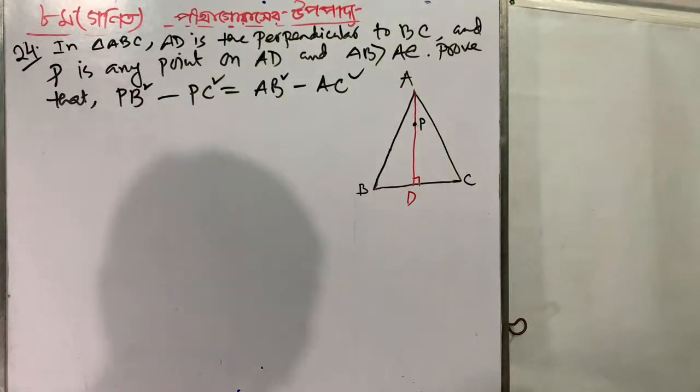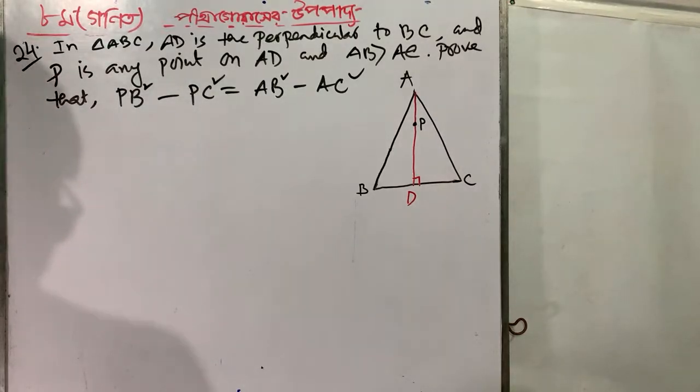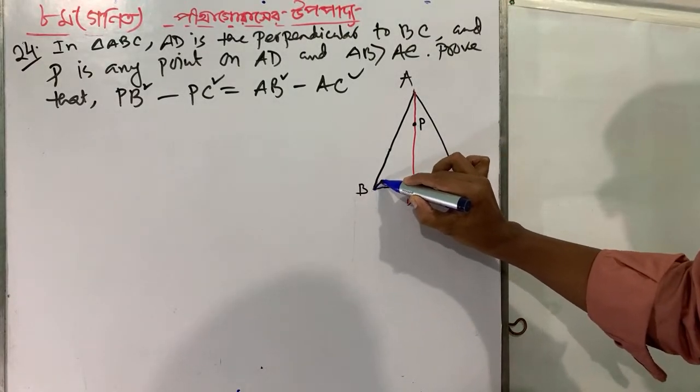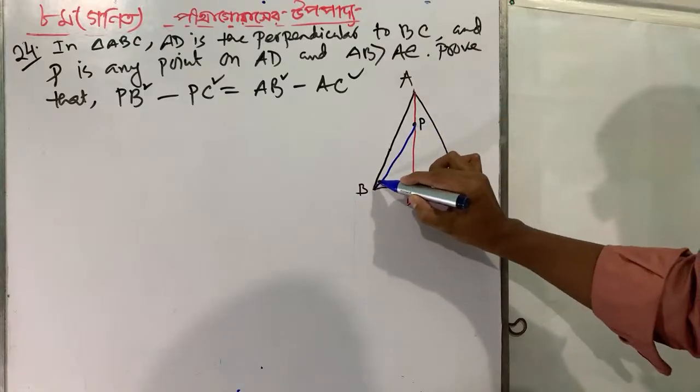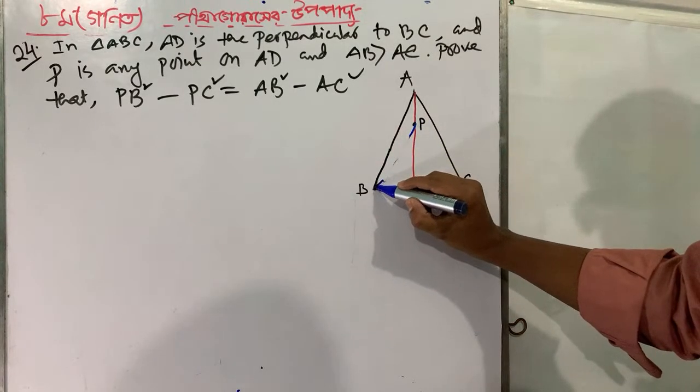Well, we will do that, but first things first, we will draw two lines joining B and P. So the first line will be BP. BP stands for blood pressure.